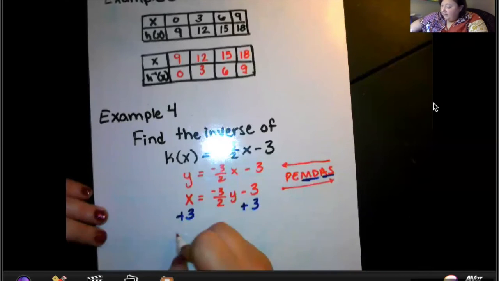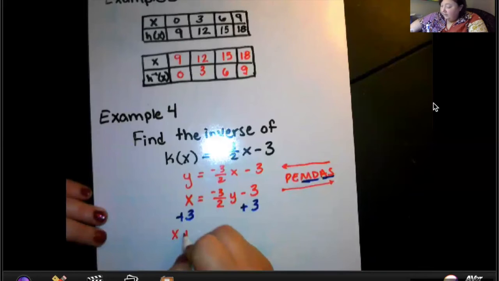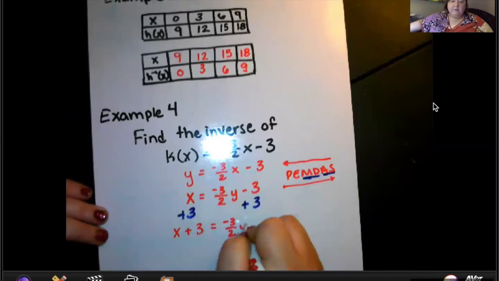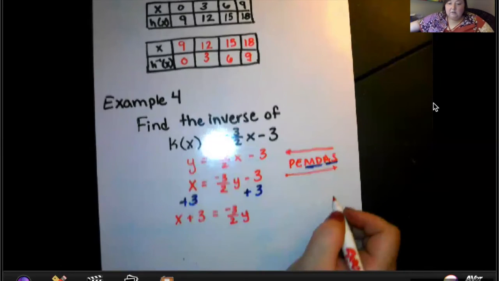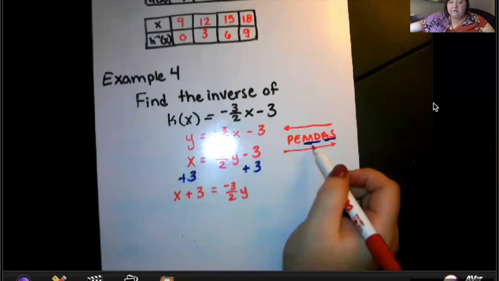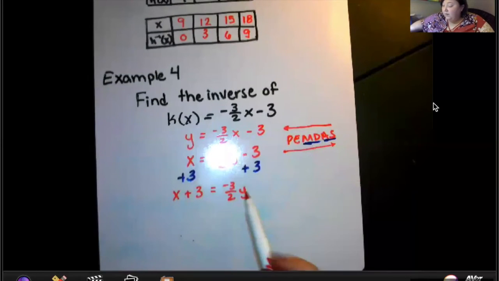So we're going to have x plus 3 equals -3 halves y. Now we want to take care of our multiplication or our division. There are a couple of ways that we can do this at this point.